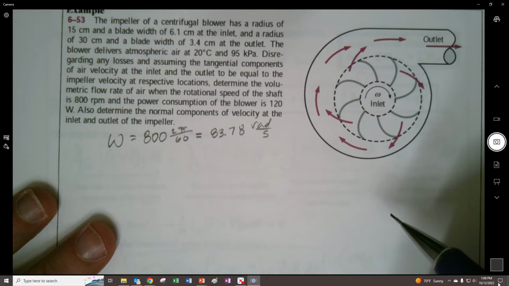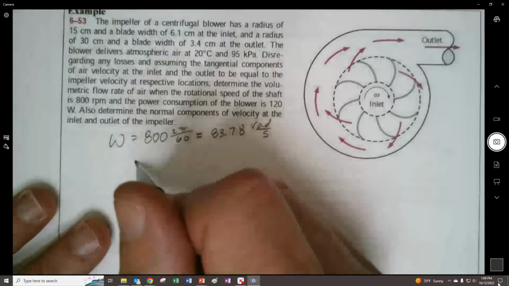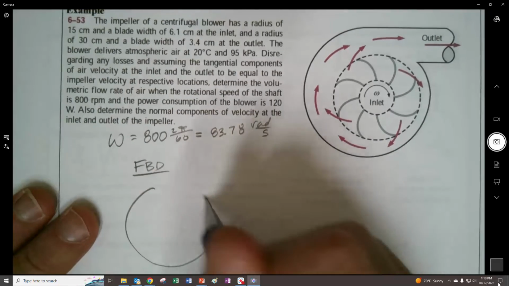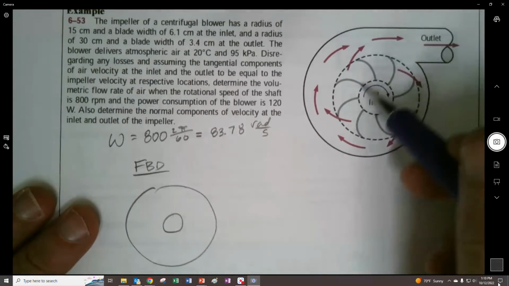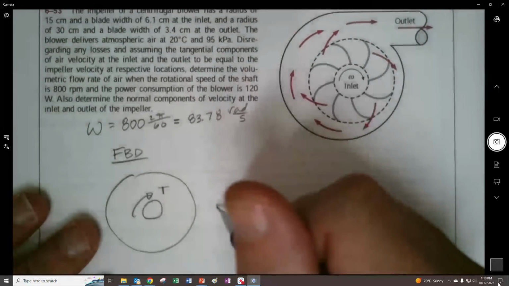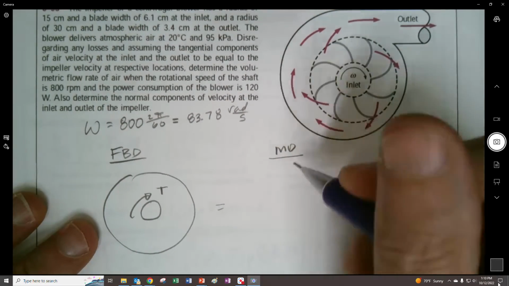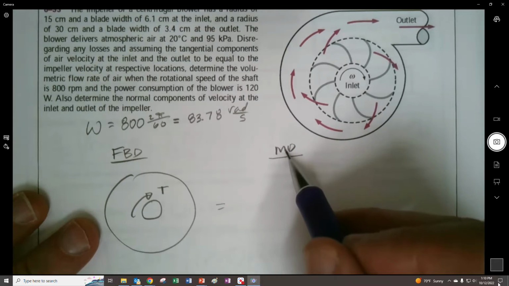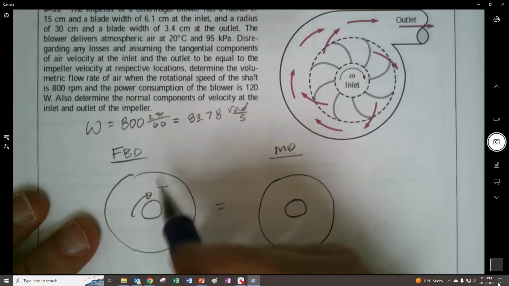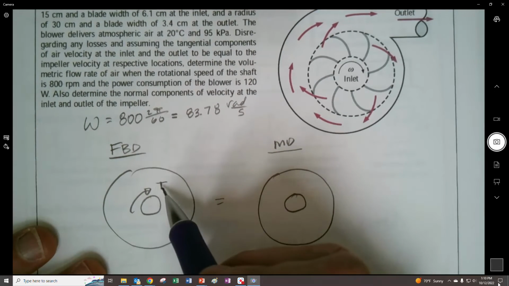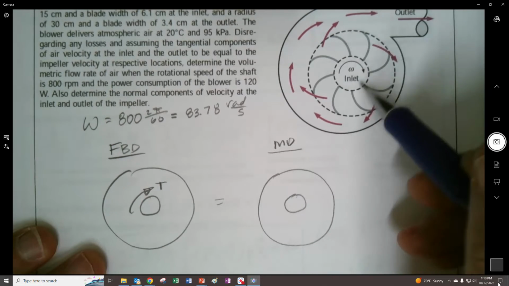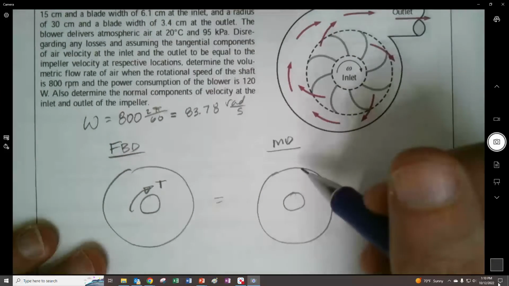Okay, I'll do my FBD of this. We're going to be spinning this way, and we're causing it to spin, so the torque must be moving in that direction. And this is a momentum diagram. Remember, in many of the problems we were looking for the reaction torque, but here we have an applied torque, so it's a different type of problem: a motor somewhere is driving and making this thing spin.